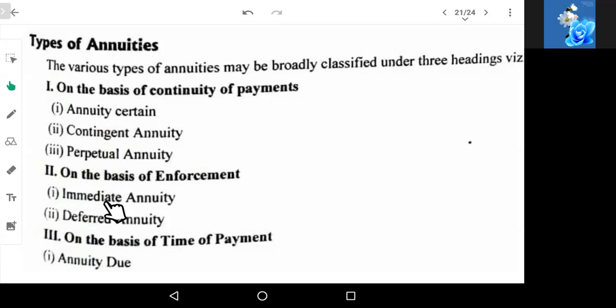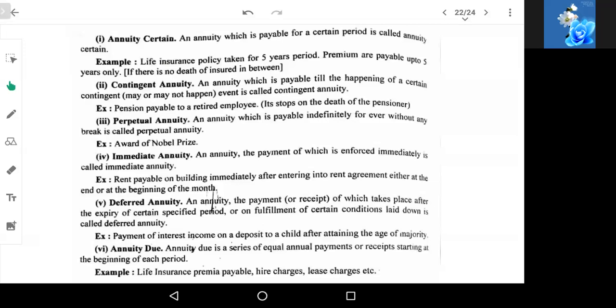So that is on the basis of enforcement. Then on the basis of time of payment, we have annuity due. When are we paying the annuity? That will be there. Now let us understand each type of annuity in detail.